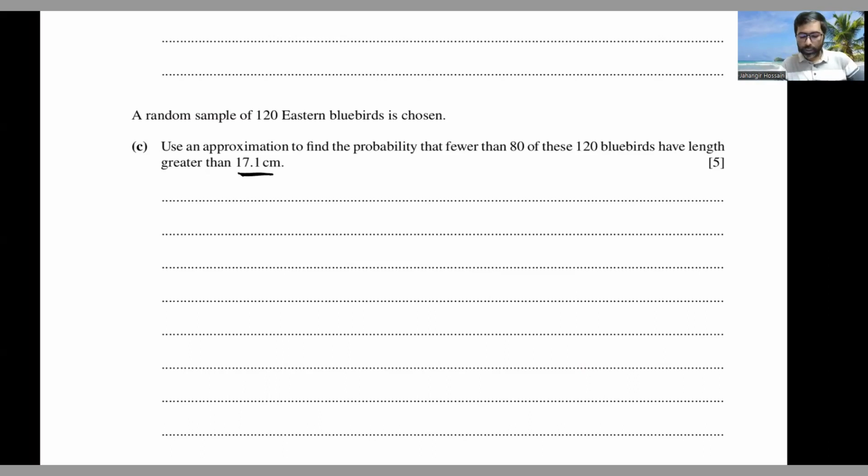So here the variable is the number of bluebirds which have length greater than 17.1 centimeters.